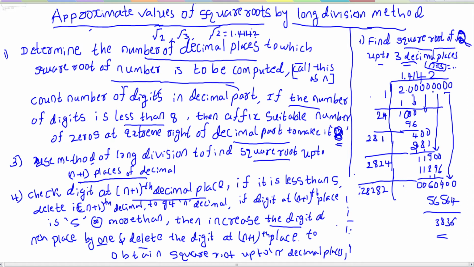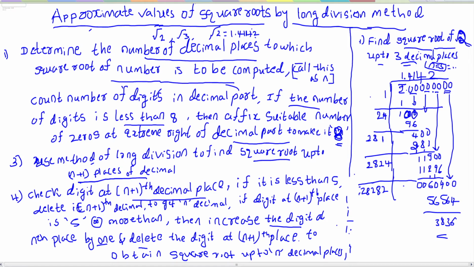Group the integral part and decimal part separately in groups of two digits. This 2 is the first period. 1 into 1 is 1. Subtract, it becomes 1. Bring down the next period, this becomes 100. Now double this digit, 2.